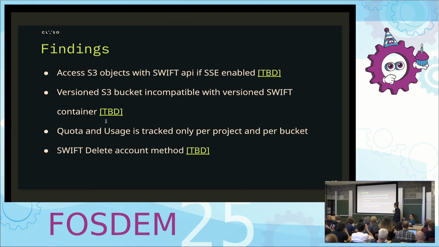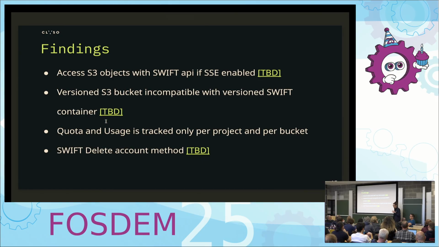For example, if you enable server-side encryption in S3 and put some object, and you try to read it with the Swift interface, you will get encrypted data, so it's not readable. And the same is true for versioning. So if you enable versioning with S3 in RGW, it won't be enabled automatically in the same Swift container.